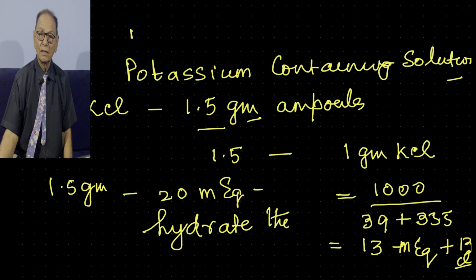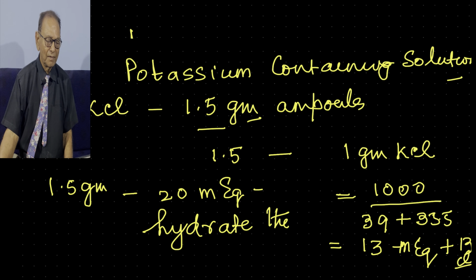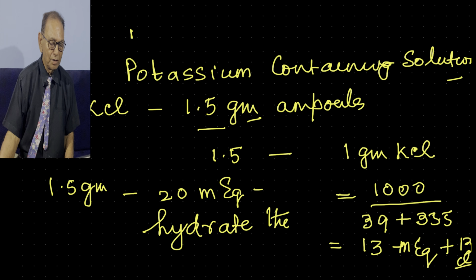You don't start potassium infusion in anuric or oliguric patients. Then the second thing is, potassium is never given in bolus injection. It is always diluted in a bottle of saline or possibly dextrose. Then the rule is that usually we see not more than 120 milliequivalents.